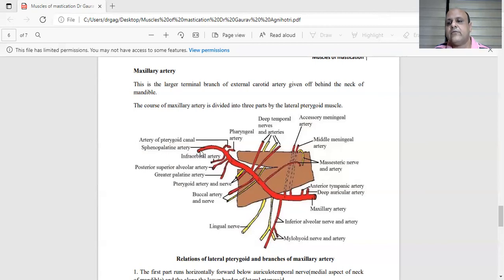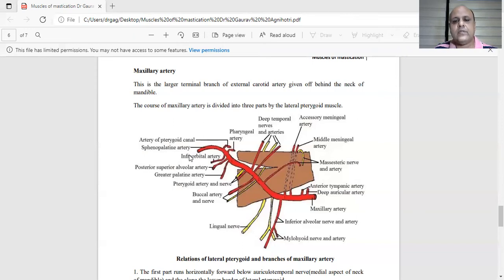It participates in formation of Kiesselbach's plexus in the anterior-inferior portion of the nasal septum, and from there bleeding can take place. So that is why it is known as the artery of epistaxis, the sphenopalatine artery.